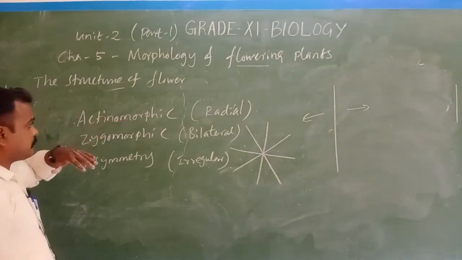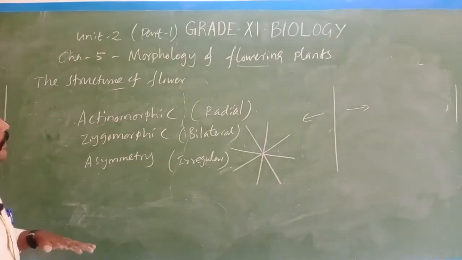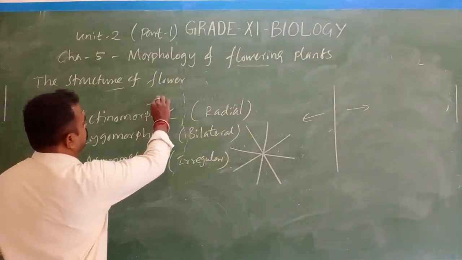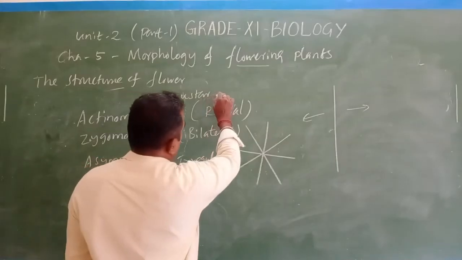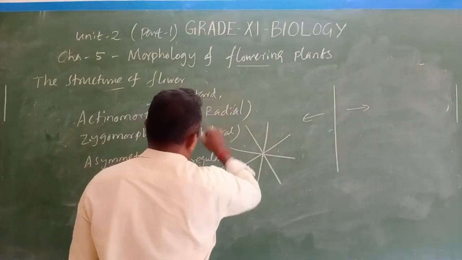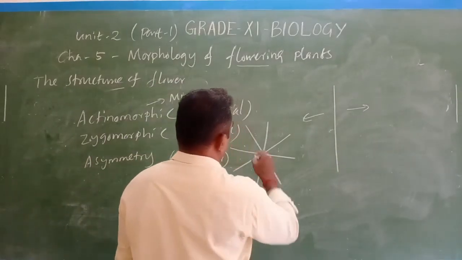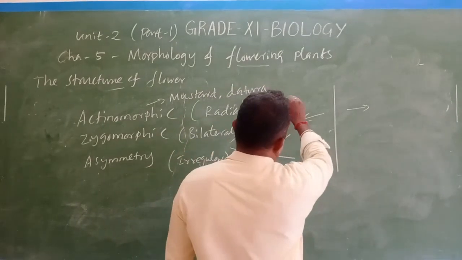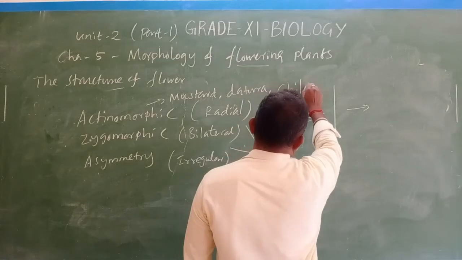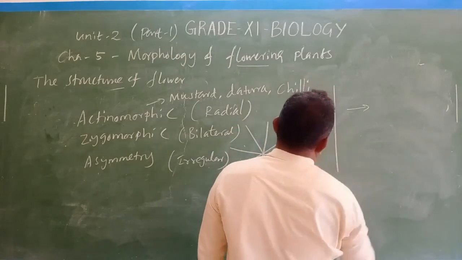For actinomorphic, the examples are mustard, datura, and chili.